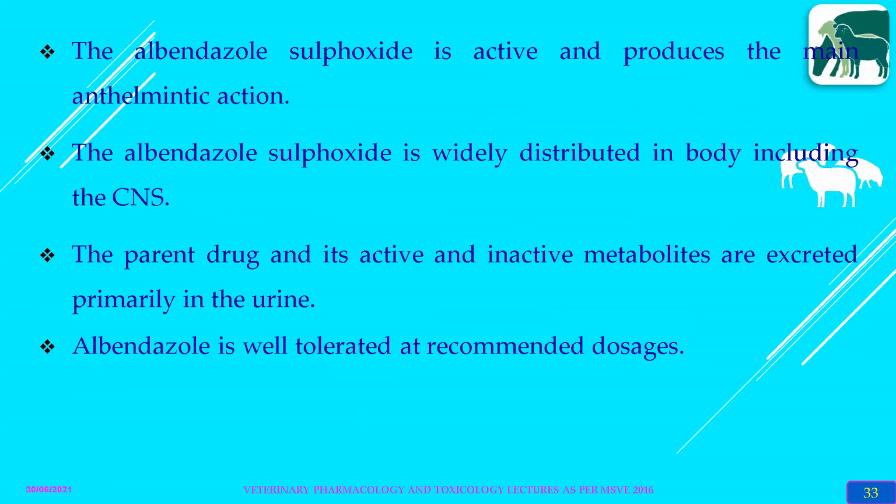Especially albendazole is converted to albendazole sulfoxide, which is very effective and produces the anthelmintic action. Then the sulfoxide is widely distributed in the body, including the central nervous system. The parent drug and its active and inactive metabolites are excreted, especially in the urine.